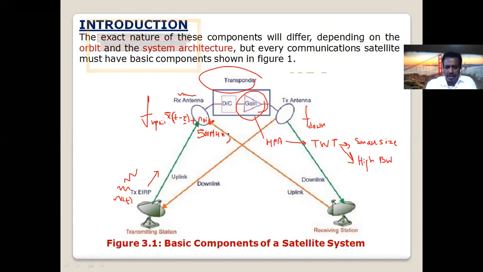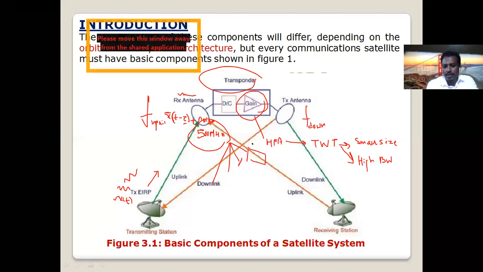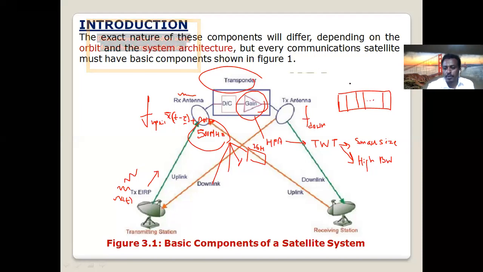So that's why this 500 megahertz is divided into how many parts? 12 parts, each one a transponder. Each one is how many? 36 megahertz bandwidth. We divide this 500 megahertz into carriers: carrier number 1, carrier number 2, up to 12. Each carrier is 36 megahertz.